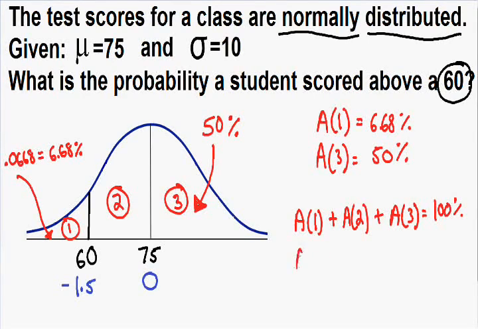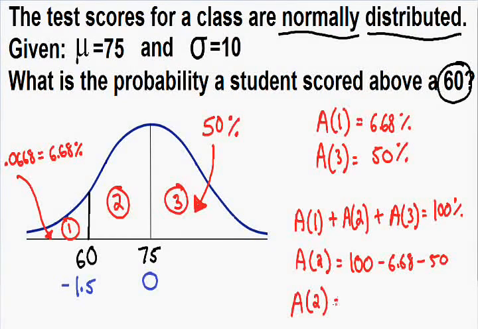So the area of section 2 is equal to 100% minus the area of section 1, which is 6.68%, minus the area of section 3, which is 50%. So the area of section 2 is equal to 100 minus 6.68 minus 50, which is equal to 43.32%.